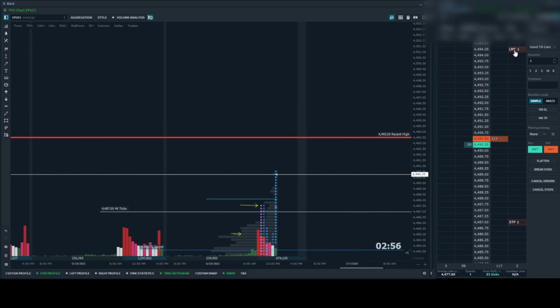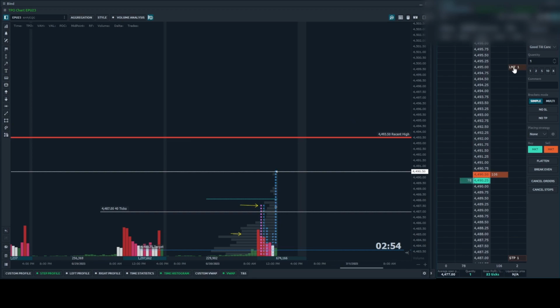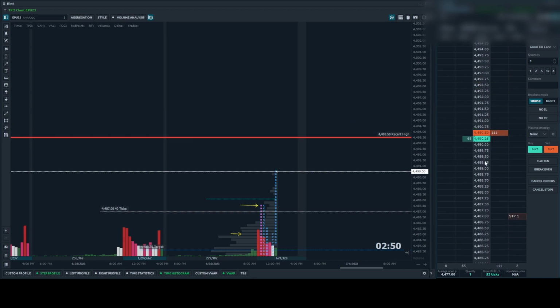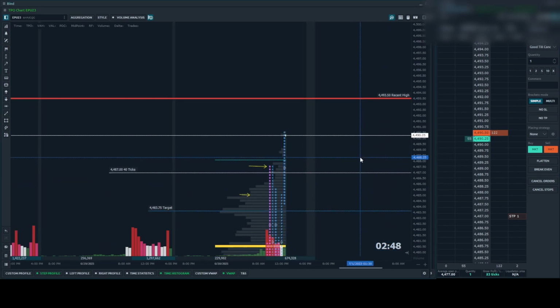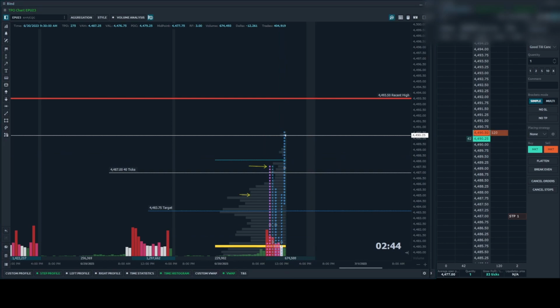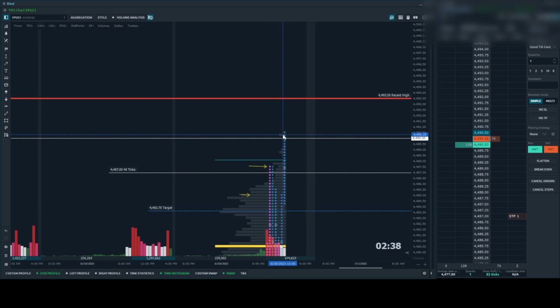Go like 95. So see, now you have a little node here. It's not very big, but you'd look for something a little bit bigger than this.